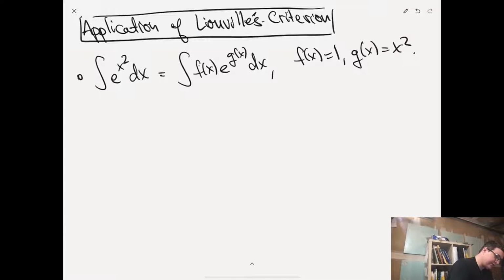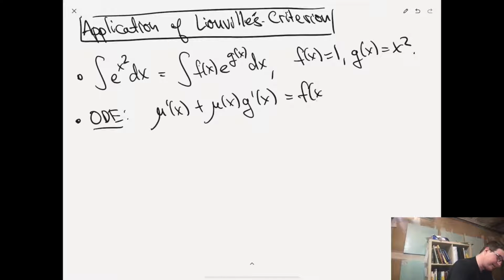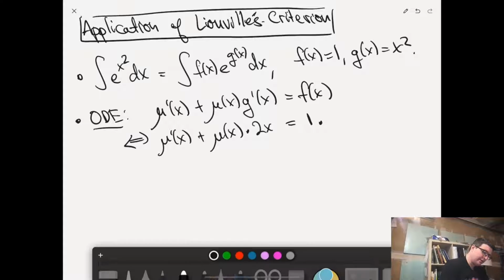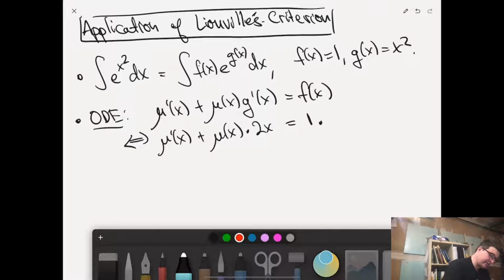So then our ODE, this kind of integrating factor thing, says that mu prime of x plus mu of x g prime of x is equal to f of x. So this equation here is mu prime of x plus mu times g prime, which is 2x, equals 1. So this is the differential equation that we need to solve.